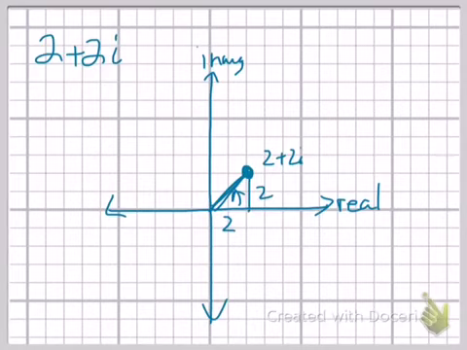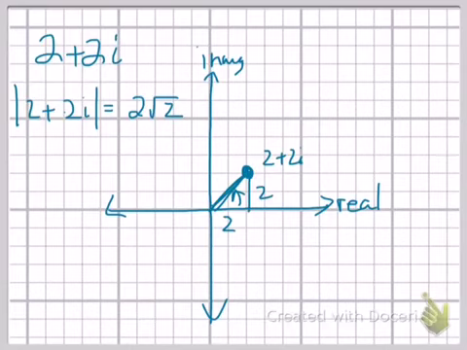So I know that my angle here is 45 degrees, or you could call it pi over 4 if we were dealing with radians. Okay, the magnitude, or the absolute value of 2 plus 2i is equal to, and we could do this the long way, or we could do it the short way. The short way is knowing that the hypotenuse of a 45, 45, 90 triangle is the square root of 2 times the length of the legs, so it's just 2 times the square root of 2.